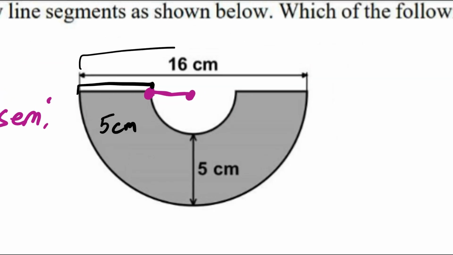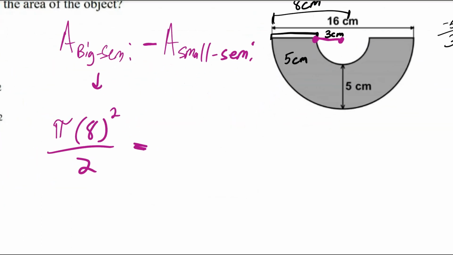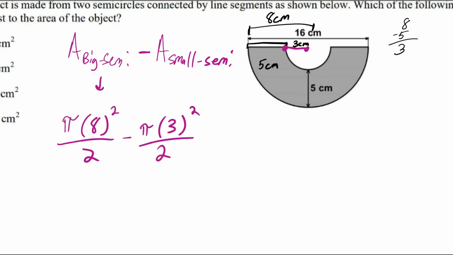But we also know that the radius of the large semicircle is 8 centimeters. So if I just quickly subtract them, I'll find that the small inside radius of that white semicircle is 3 centimeters long. So if I'm subtracting away the small semicircle, I could do minus pi times my small radius squared divided by 2.